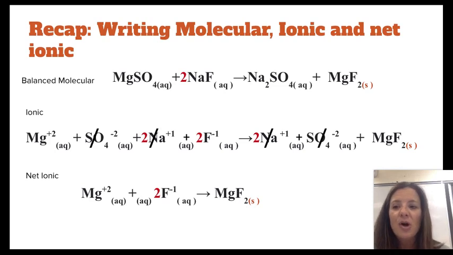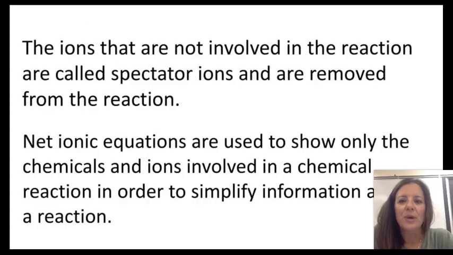So those are called molecular, ionic, and net ionic, and I'll show you how that works in a separate lesson. Again, the ions that are not involved in the making of the precipitate, the ones that get crossed off, are called spectator ions. And when we write that final net ionic equation, the reason we do that is just to show the ions involved in the making of the precipitate and to also simplify that reaction.